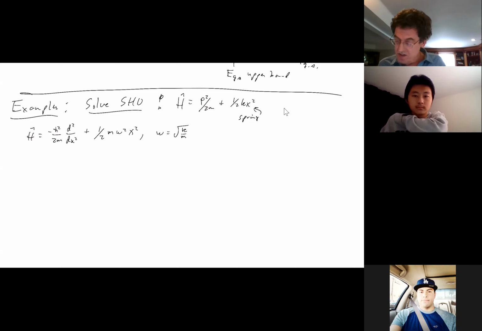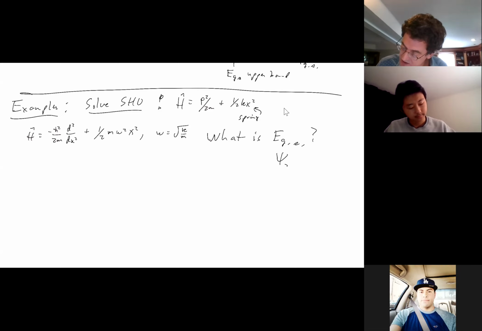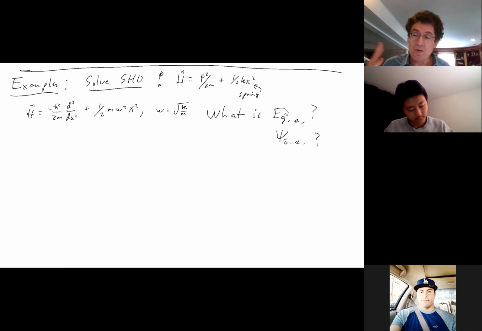Okay, so this is my Hamiltonian, and so now I'm asking you, what is the ground state energy, and what is the ground state wave function? Okay, that's what I'm asking. And so now normally this would be a super hard problem, and you couldn't just use perturbation theory. There's no perturbation here.